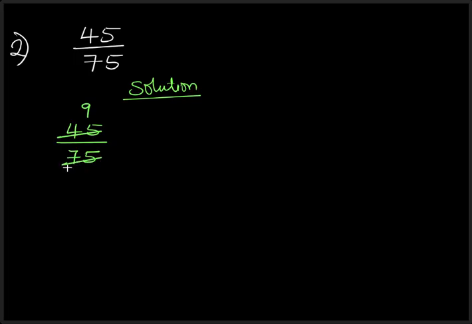And 5 into 75 will give us 15. So what we are having here is 9 over 15. And then something can still divide, which is 3. 3 into 9, 3. 3 into 15, 5. And then our answer here will be 3 over 5.